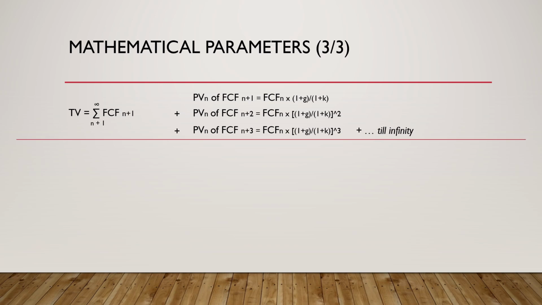So the terminal value is the sum of the PVs of all FCFs going forward from the end of the explicit period. Once we sequence all of it in a single equation, we have a simple geometric series, which is this.